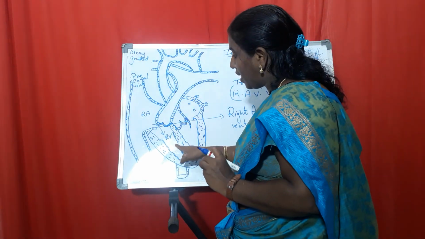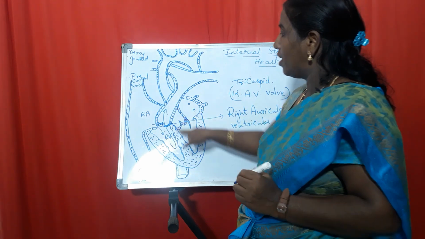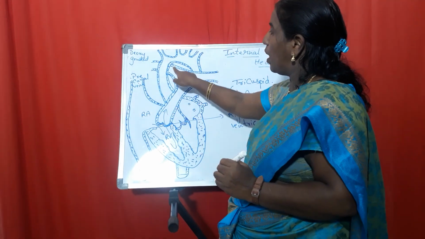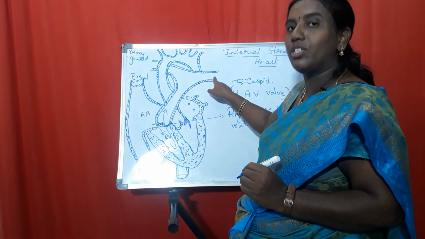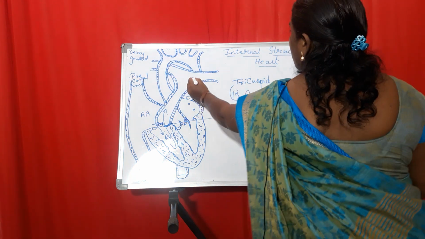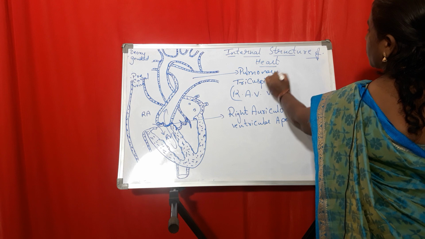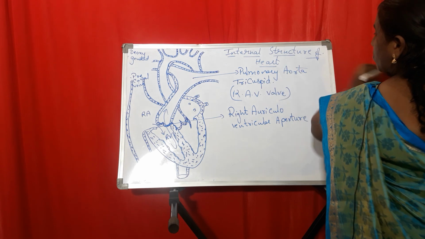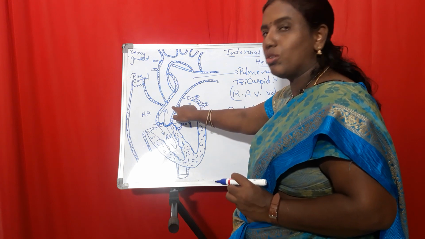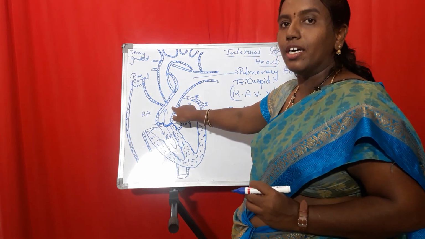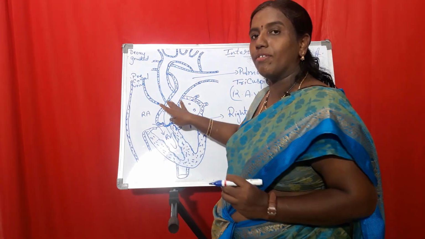Here we could see this deoxygenated blood going into the pulmonary artery, which looks like a tree trunk, a larger structure. So this is pulmonary aorta or pulmonary artery. This deoxygenated blood enters over here.